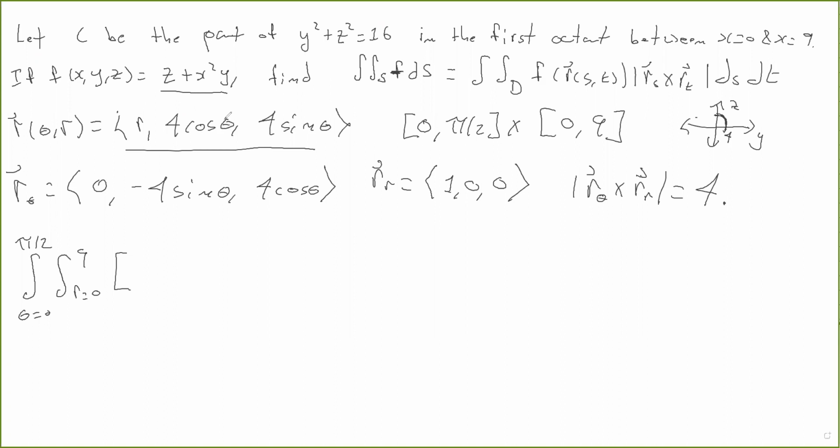Wherever I see a y, I'm going to put 4 cosine theta. So this is 4 sine theta, that's z, plus x squared, x is equal to r, so this is r squared times y, y is 4 cosine theta. Now I'm going to put the magnitude of r_theta cross r_r, that's this part. This is 4 dr d theta.